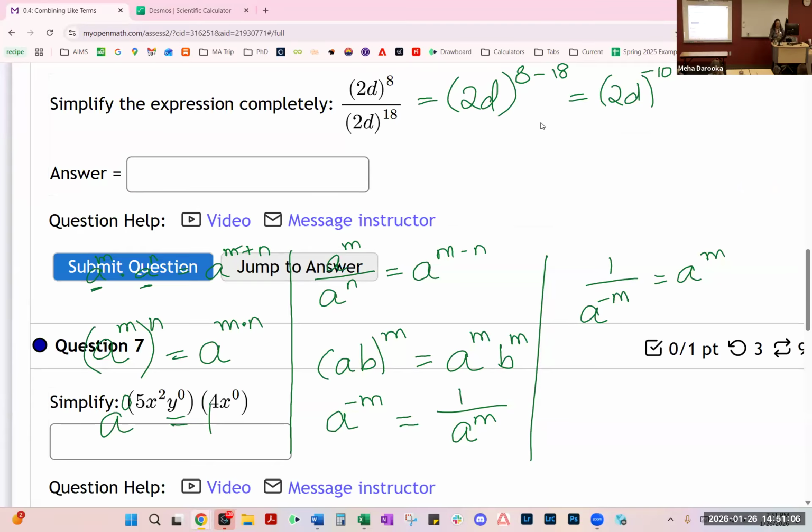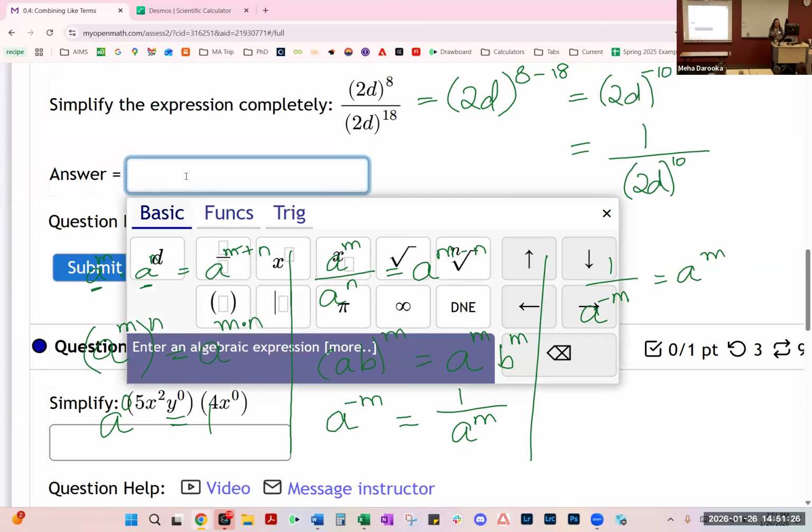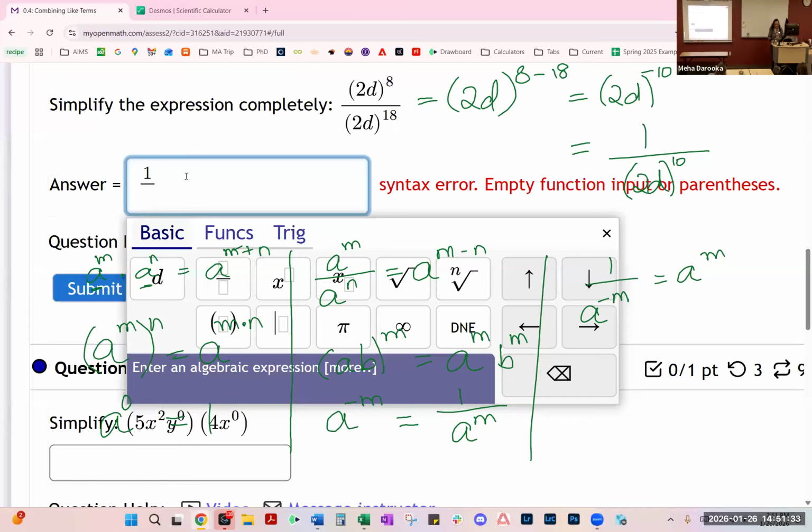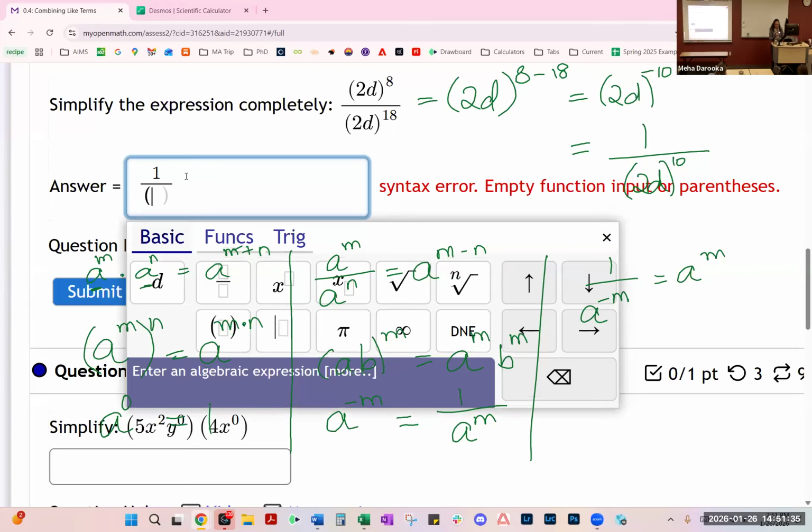And did they say how they want us to write this? They're just saying simplify completely. So since we did have a negative exponent, we would have to move it to the denominator, which means then you would have 2d to the 10th power. I'm gonna try and see if this is right, or do they want us to do 2 to the 10th power and multiply that out? So since they don't exactly say, I'm going to see if this works.